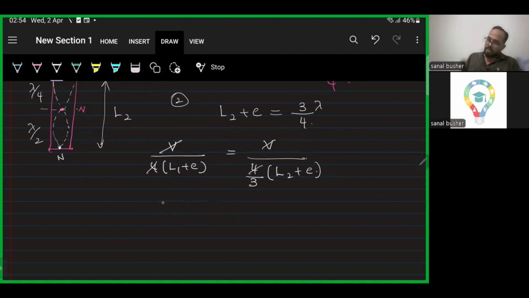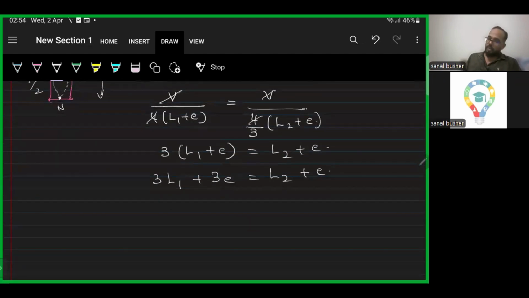Cross multiply: 3 into L1 plus E equals L2 plus E. So 3 L1 plus 3E equals L2 plus E.